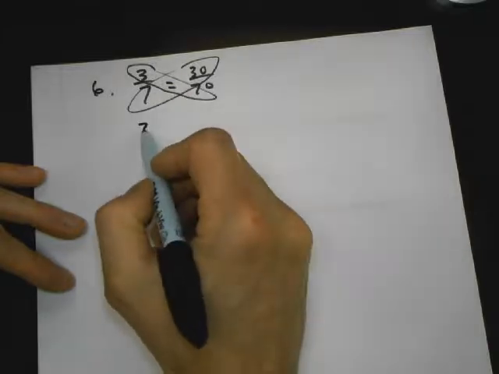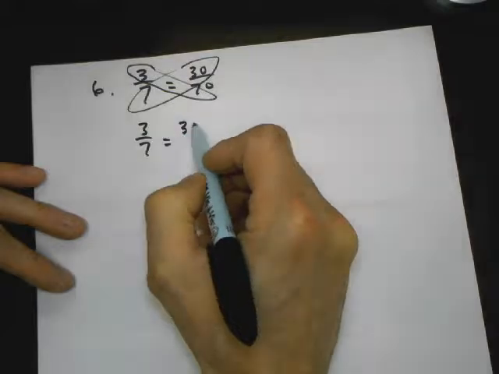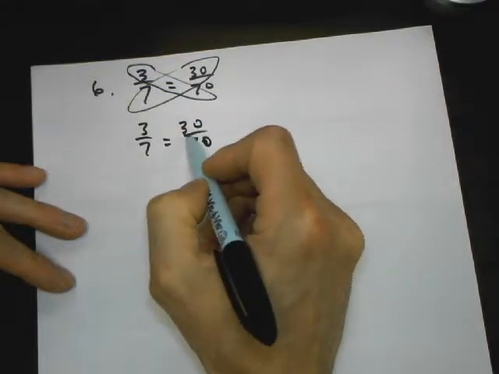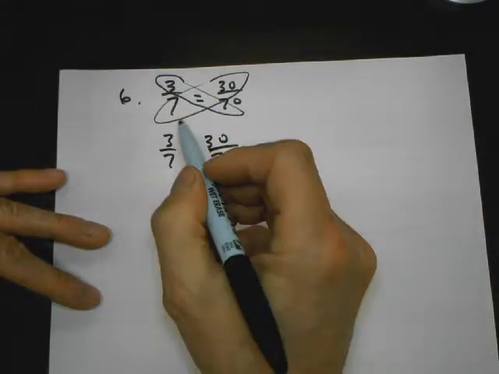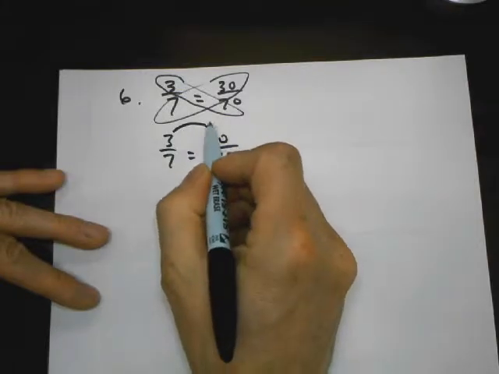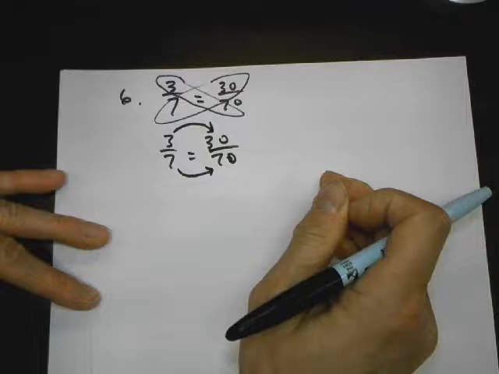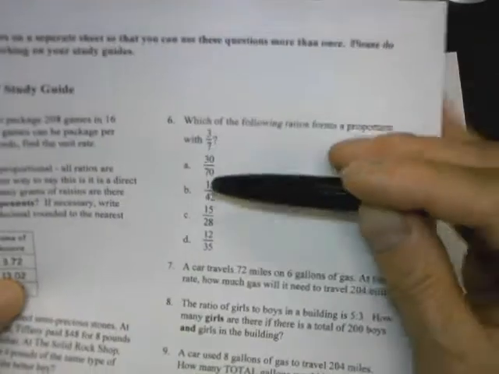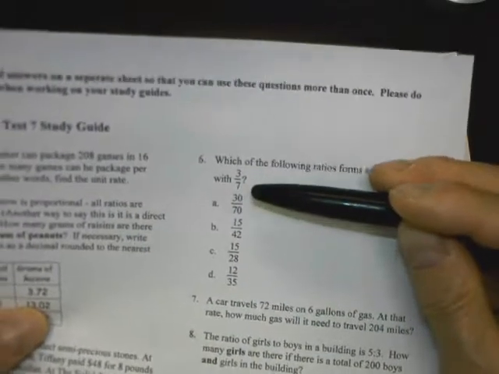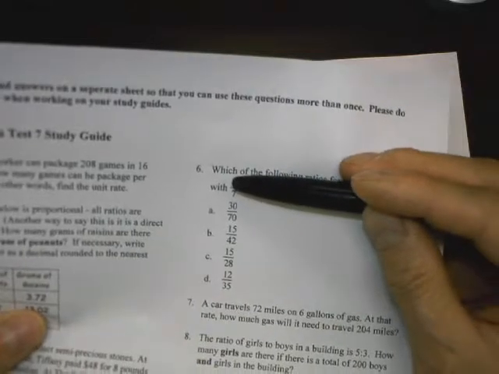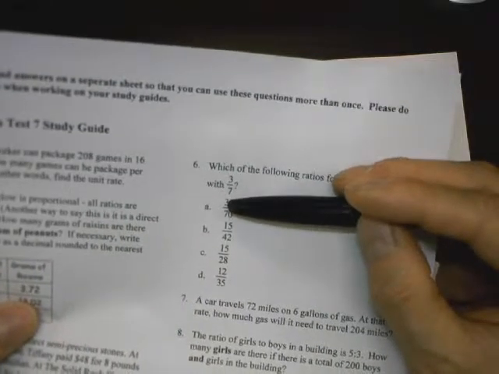Okay? Now the third option is this. Another thing that's true about proportional ratios is that whatever I multiply to get here, I have to multiply the same to get here. And that's probably the fastest way to do it. So if I'm looking at 3/7, I look at your numerators, your top numbers. 3 times 10 is 30.